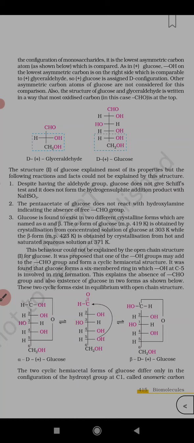The cyclic structure of glucose is more correctly represented by the Haworth structure, as you can see in the diagram.